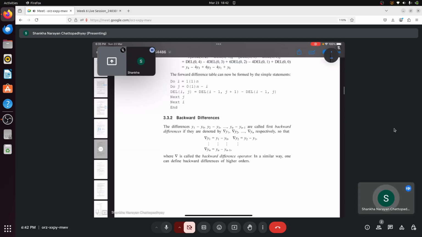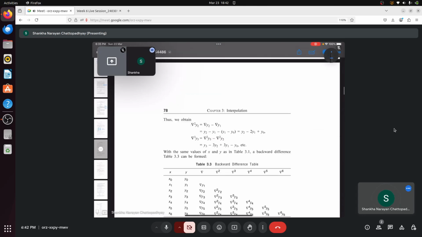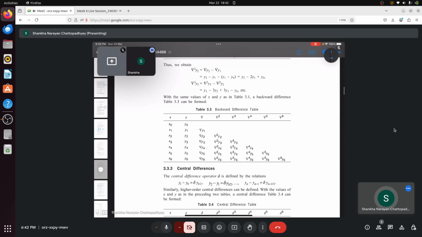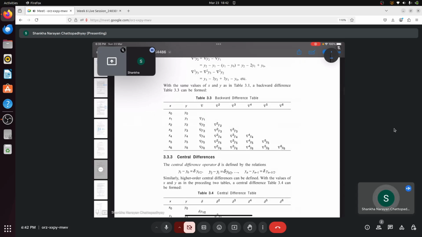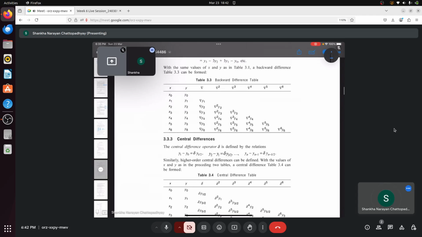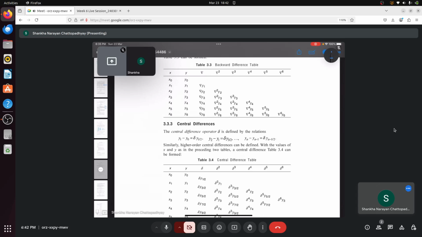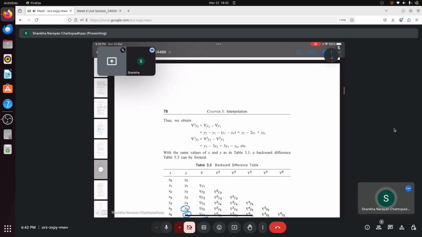Similarly, how to calculate backward difference. Backward difference is also the same, but here you have to calculate them in the reverse order. Okay, so how will you calculate? You will take y6 minus y5, you will get this nabla y6.